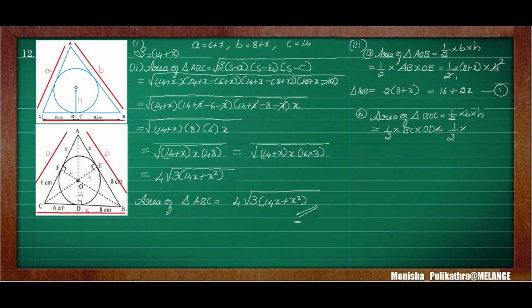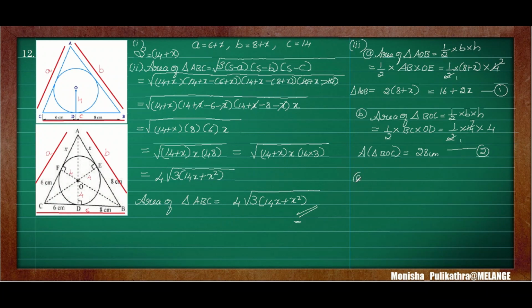So half into base BC is 8 plus 6, 8 plus 6 is 14 into OD is 4. Okay, so 2 ones are 2, 7s are 14, 7 4s are 28. So area of triangle BOC is equal to 28 centimeter. Okay, this is equation number 2.